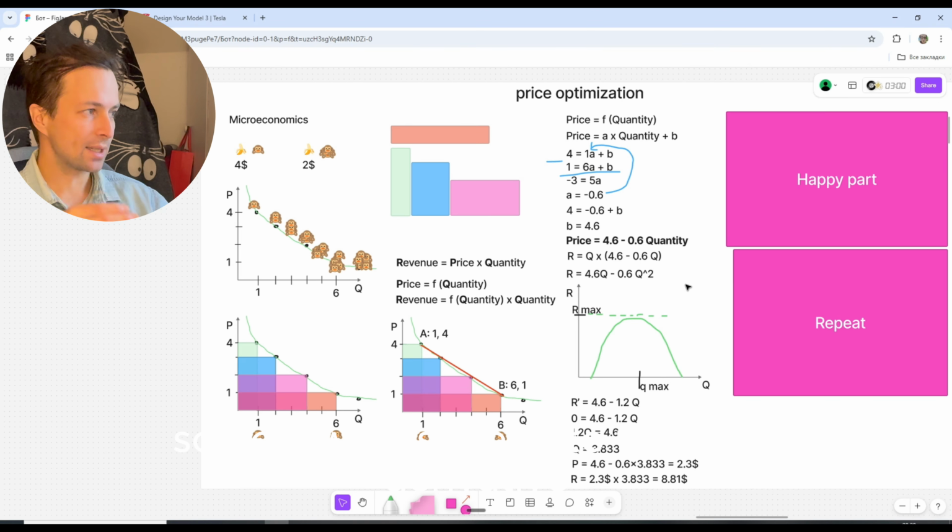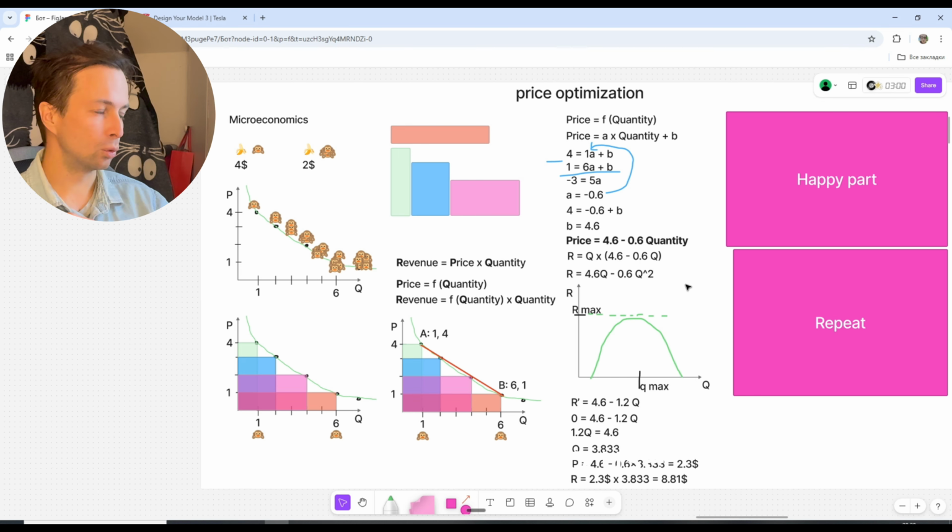So now we just need to take the derivative. And for a function like this, it is quite simple, because it is 4.6 minus 1.2q. If you need the reminder, it is for the functions with power.